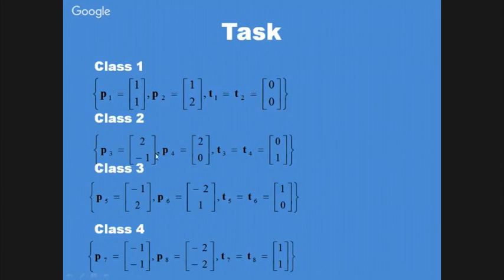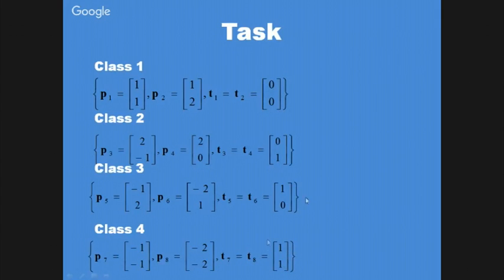For class 2, a different class, P3 is 2 and minus 1, P4 is 2 and 0, T3 and T4 are 0 and 1. P5 is minus 1 and 2, P6 is minus 2 and 1, and T5 and T6 are 1 and 0, in matrix form, right? For the next class, P7 is minus 1 and minus 1, P8 is minus 2 and minus 2, and T7 and T8 are 1 and 1.